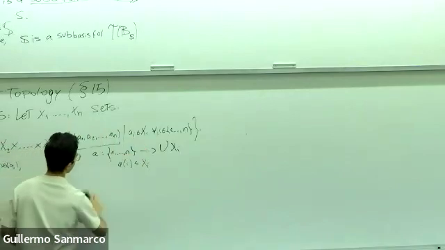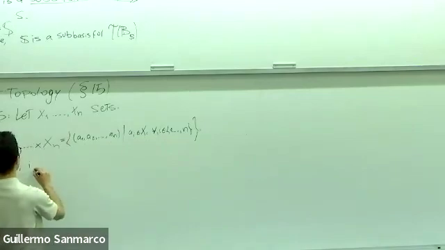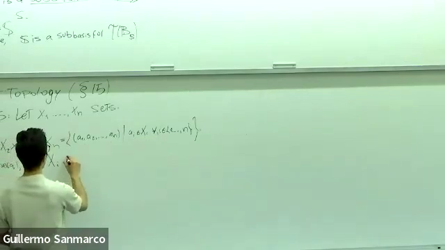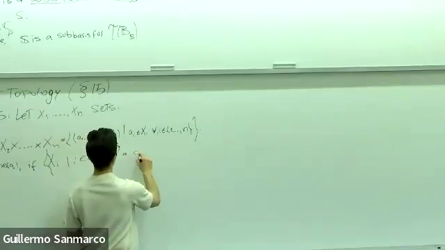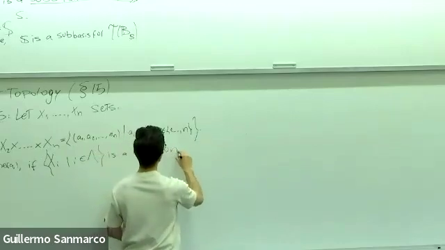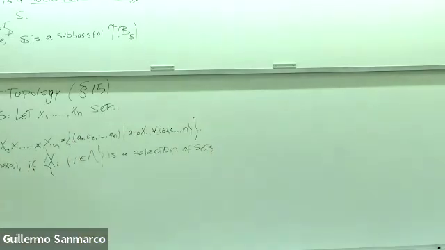let's erase this. In general, if we have a collection of sets Xi, where Lambda is some index set, so this is a collection labeled by lambda, which could be anything, we define the product. Of course, now I cannot write all of them, so I'm going to use the big product, big pi, over the index set Lambda of my sets Xi.